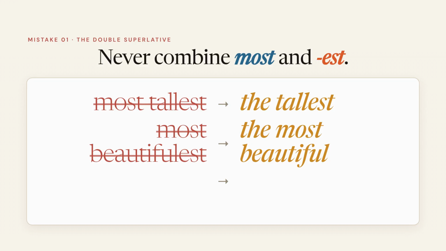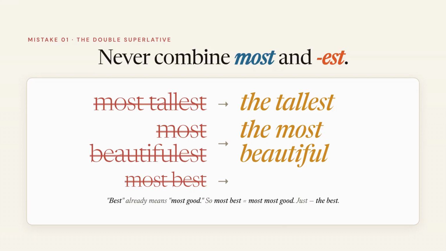One tool, never both. Choose one of the two. Most or est. And the evil twin, the most best. Best is already the top. Most best is most good. Just use the best.